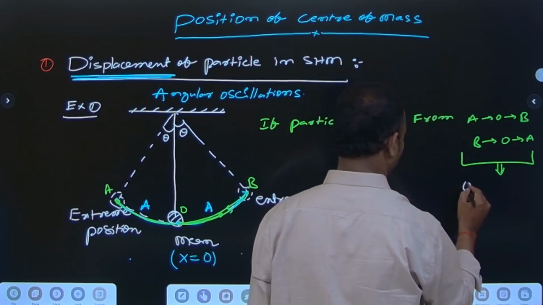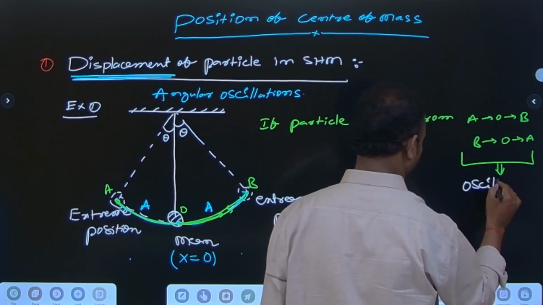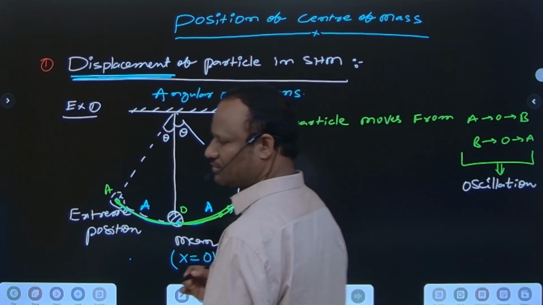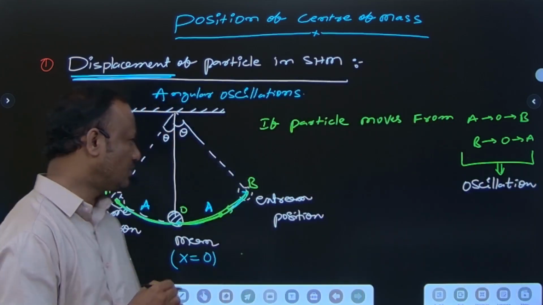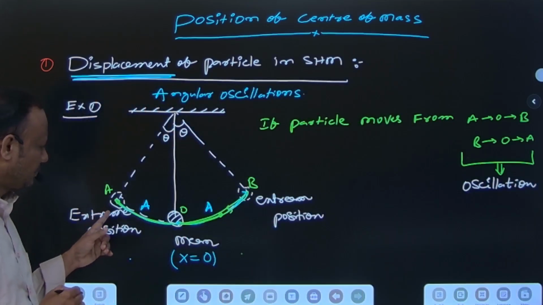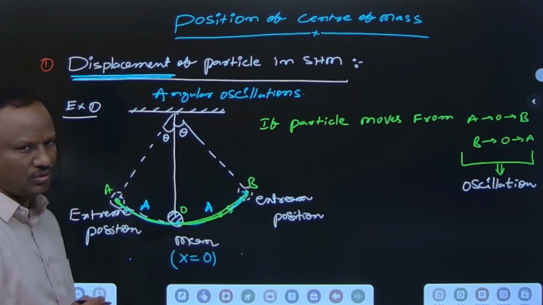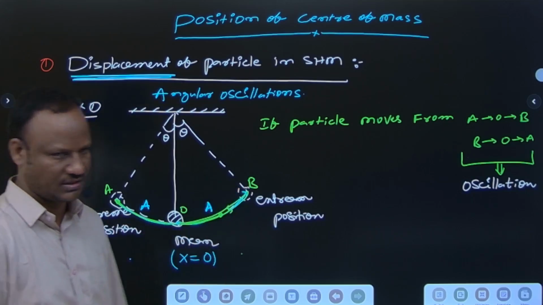So oscillation means it started from A to O, then B, then back through O to A. That is called one oscillation.